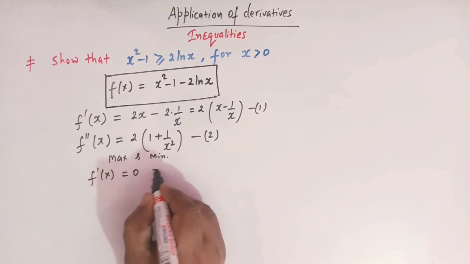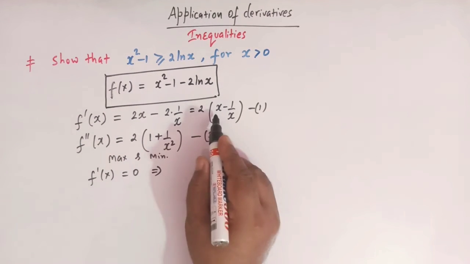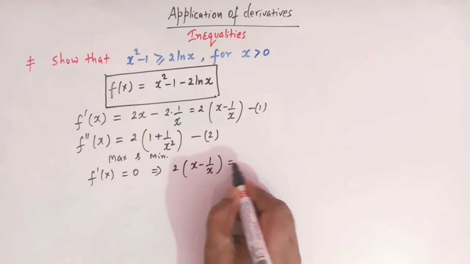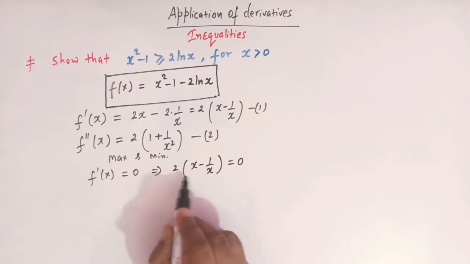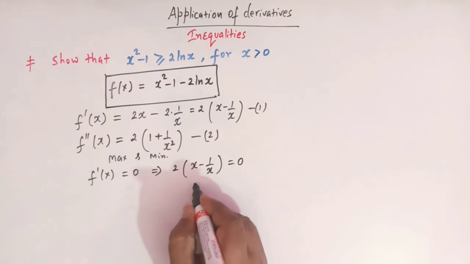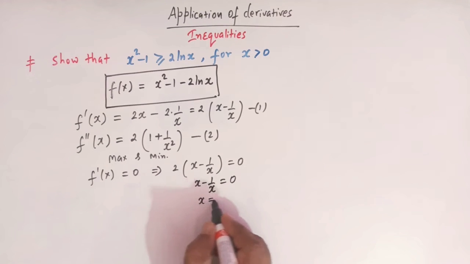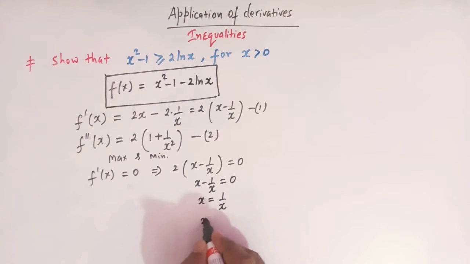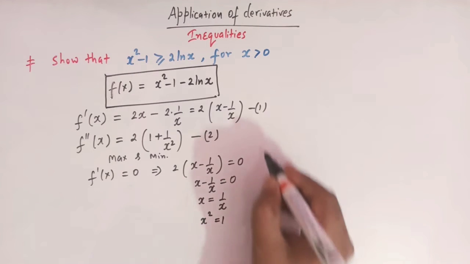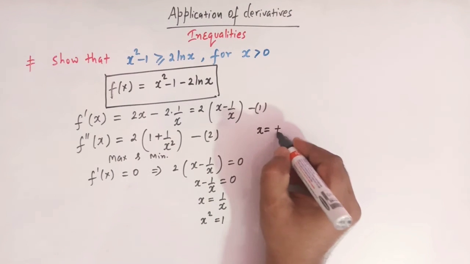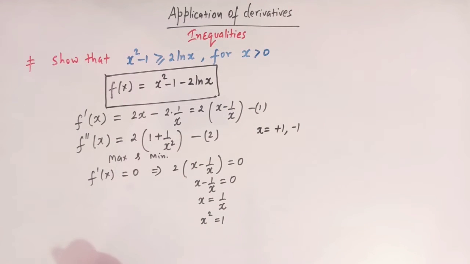So 2 times x minus 1 over x is equal to 0. We'll now solve this equation. So we have x minus 1 over x equal to 0, that is x equal to 1 over x, so x square is equal to 1, and from this equation we find that x is equal to plus 1 and minus 1, right?